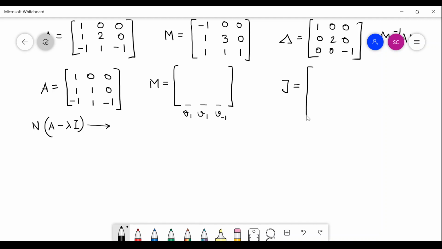The Jordan form is quite similar to the diagonal form. Some of you may already know this, but if you do not, then it is also fine. Let me just change the eigenvalues here a bit, because it might be confusing when I am drawing the Jordan form. So I will make this 2.